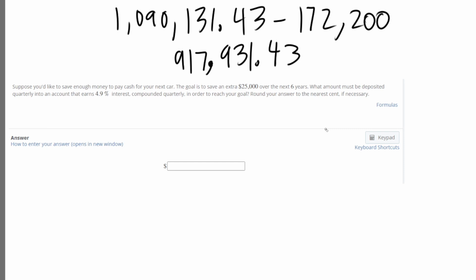Round your answer to the nearest cent if necessary. We want to know what amount must be deposited quarterly. So that gives you a hint that we'll probably be using the payment formula.